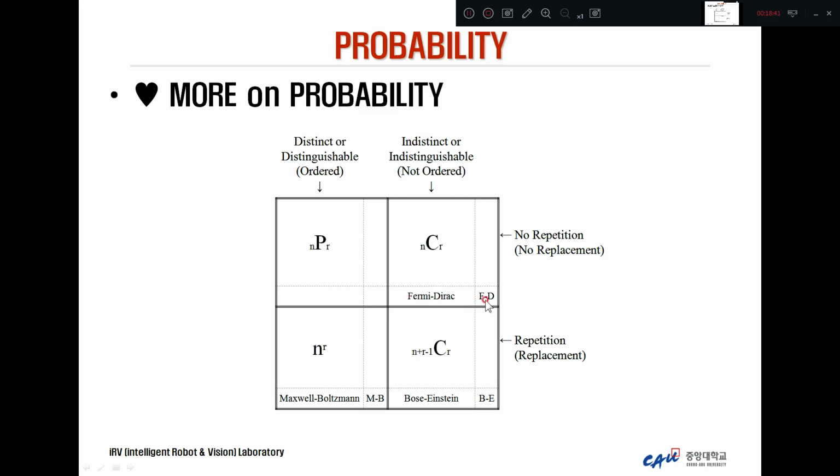So it's combination n R, which is called the Fermi-Dirac distribution. And right bottom, we have the Bose-Einstein distribution. Order is not important, but you can replace the object back to the box. So it's combination n plus r minus 1, r. And these are the basic principles of how to find the number of instances when you're dealing with those probabilistic concepts.